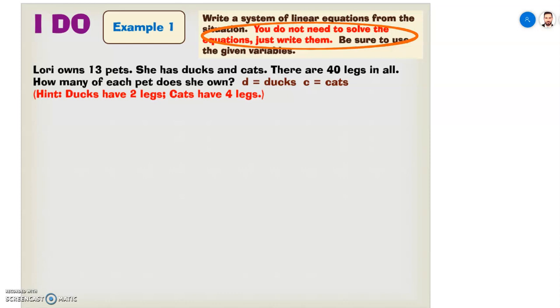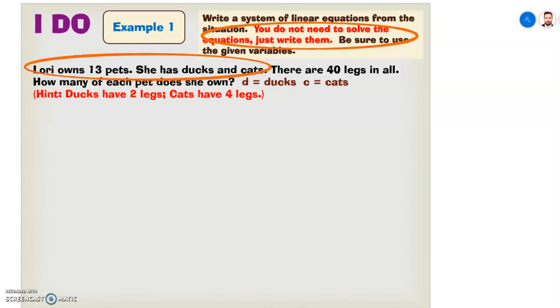For question number 1 here, Lori owns 13 pets. She has ducks and cats. She owns 13 pets. I'm repeating it to keep you focused, please. Let me translate this part.